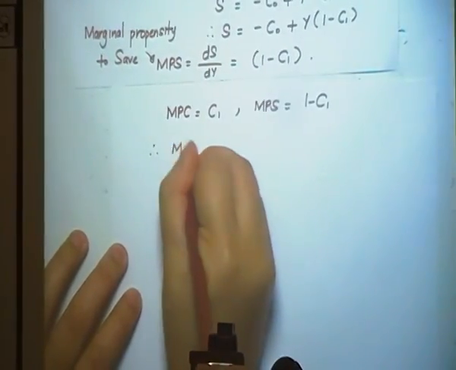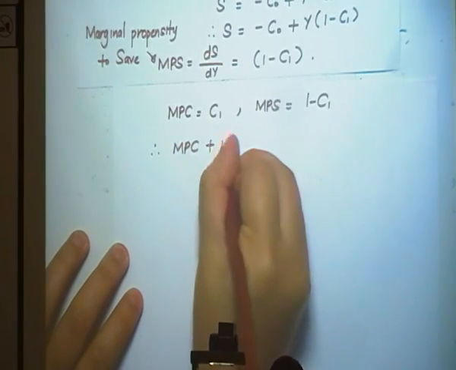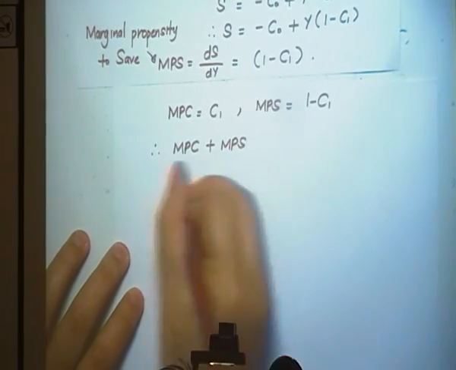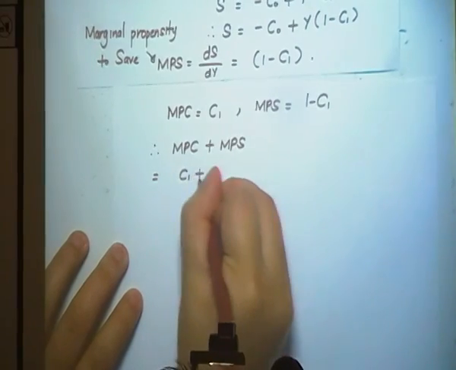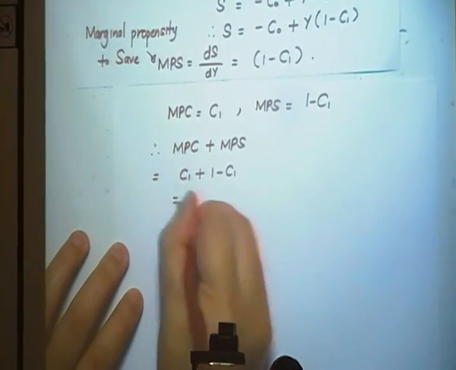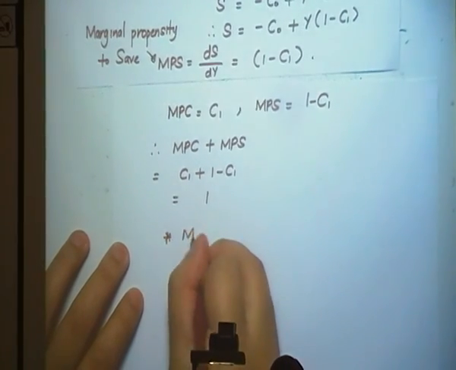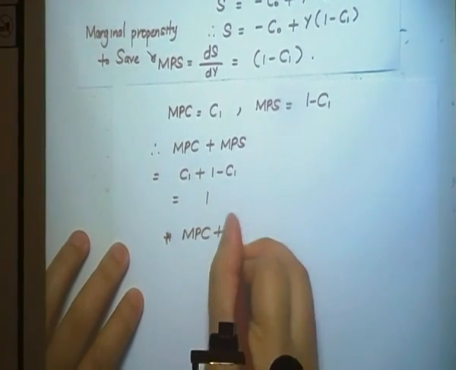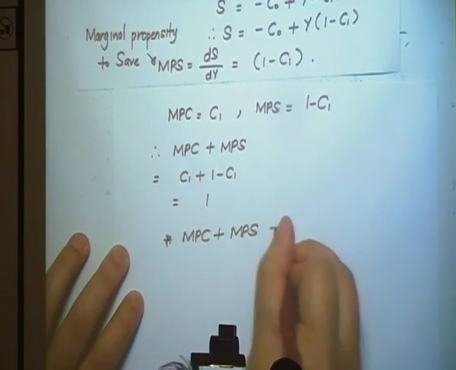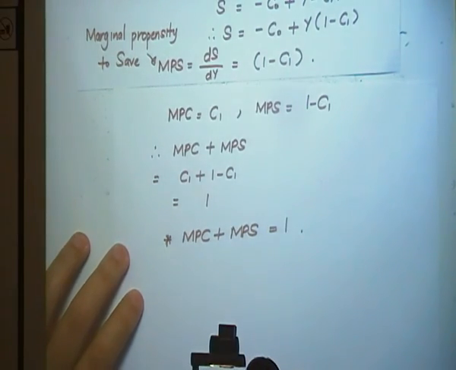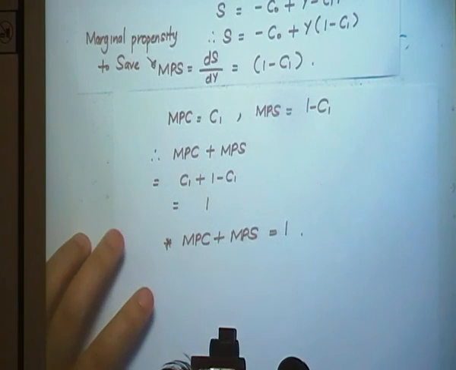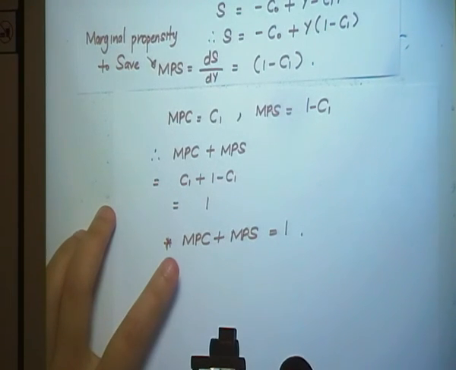Therefore, if you take MPC plus MPS, what do you notice? Yes. This is a very important equation. Why do I say that it's important? Most of the time we need the MPC more than the MPS.